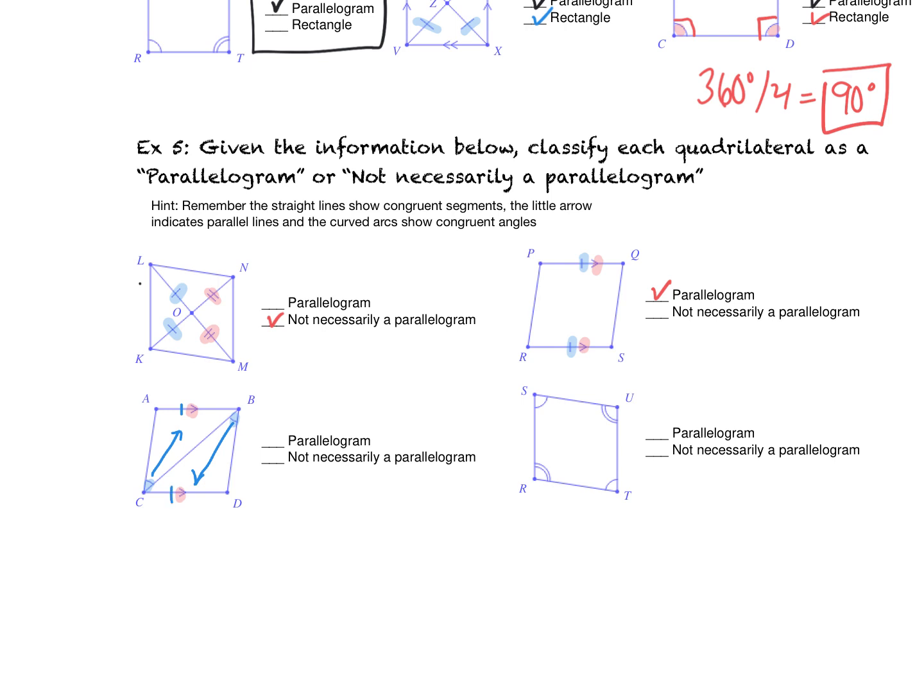So now I have similar markings to the last one, which I determined was a parallelogram. So this one too is a parallelogram. And then the last one, if you look at the markings, we have opposite angles that are congruent. And again, that tells me that this is a parallelogram. When the angles opposite one another are congruent, the alternate interior angles, then it is a parallelogram as well.